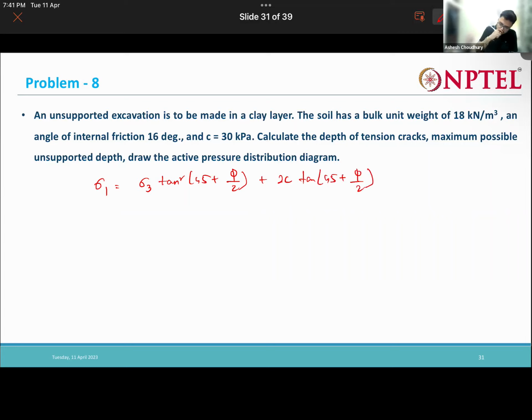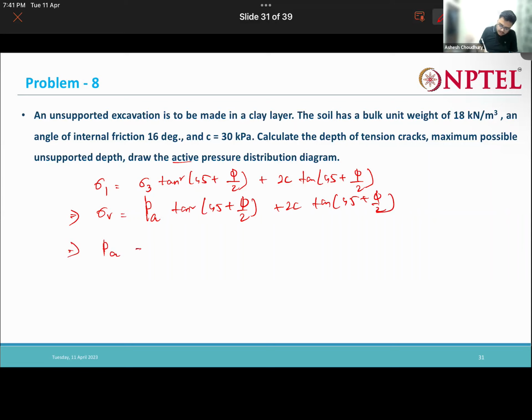Right. So here tension crack. So this is the active case. In the active case, sigma 1 is this. This is my small pa. You already did this.